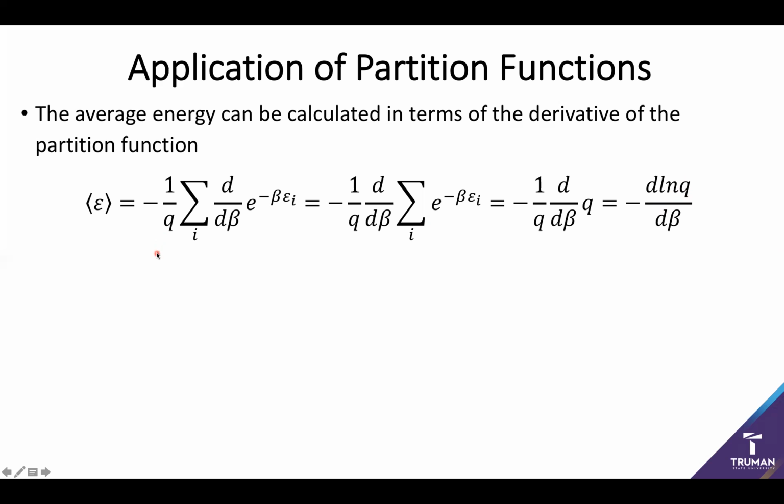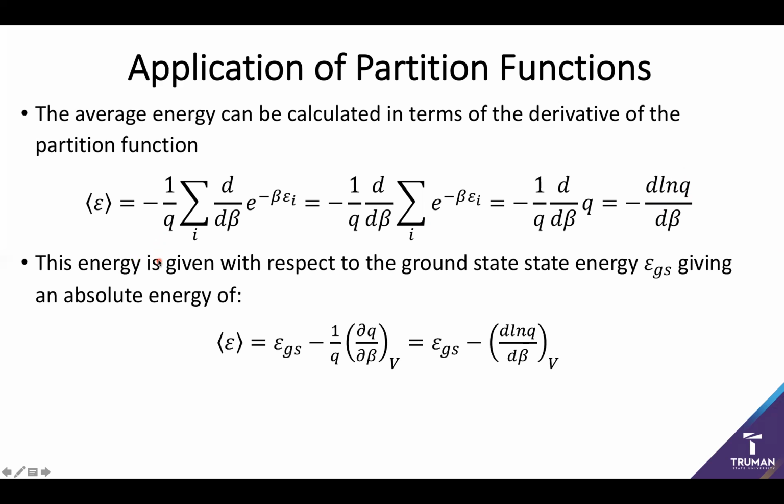However, here we have to watch out for one last remaining nuance. All of our partition functions we derived so far were always with respect to the ground state of energy of the system. And it's important to note that the ground state energy of a system isn't always zero.